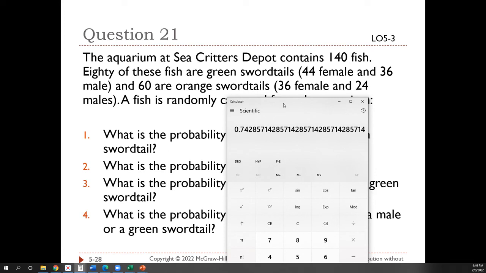Okay, so again, we take the single variables A and B, which were the green swordtail and the male swordtail. I don't want to say swordfish, but swordtail. And then we have to subtract the common ones, the ones that have both of the characteristics, both of the variables. Okay? Yay!